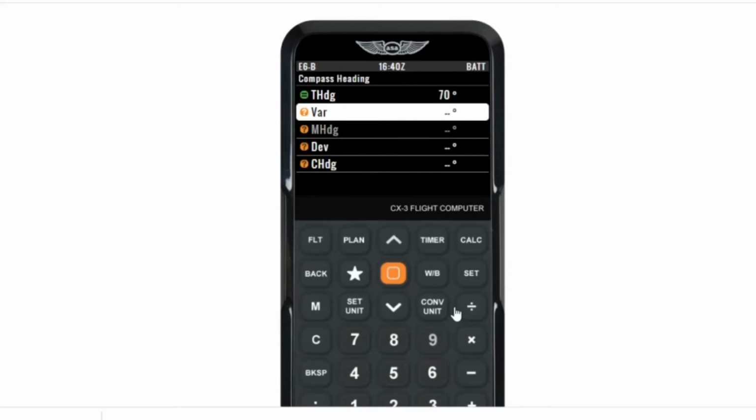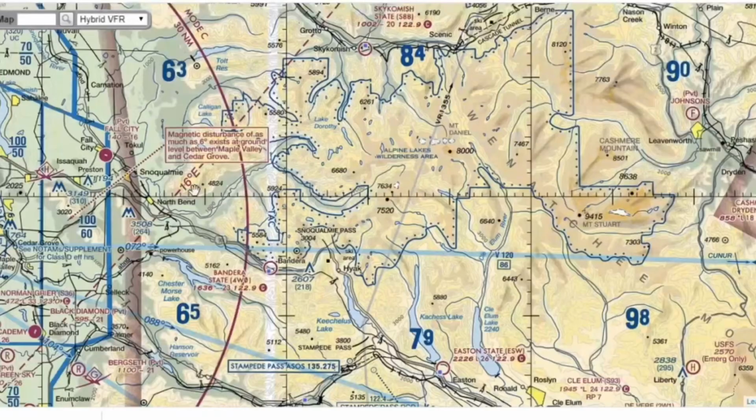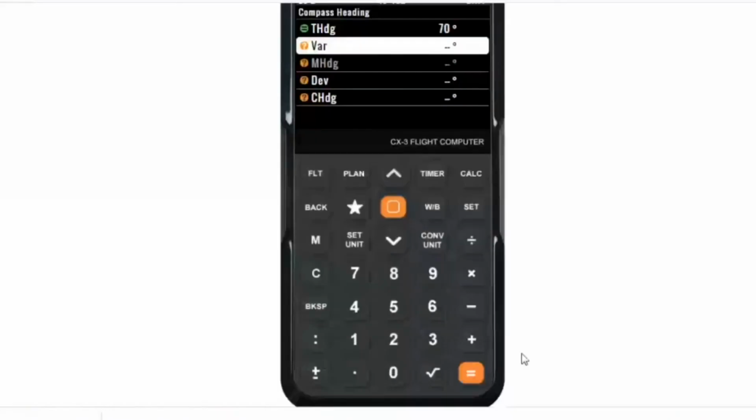So you find those magenta dashed lines, like this example, 16 degrees east variation. What do you do with that? You either add or subtract depending on whether it's east or west. Since it's east, we'd subtract it. So on our CX3 here, we'd say that would be minus 16. And that gives us our magnetic heading.